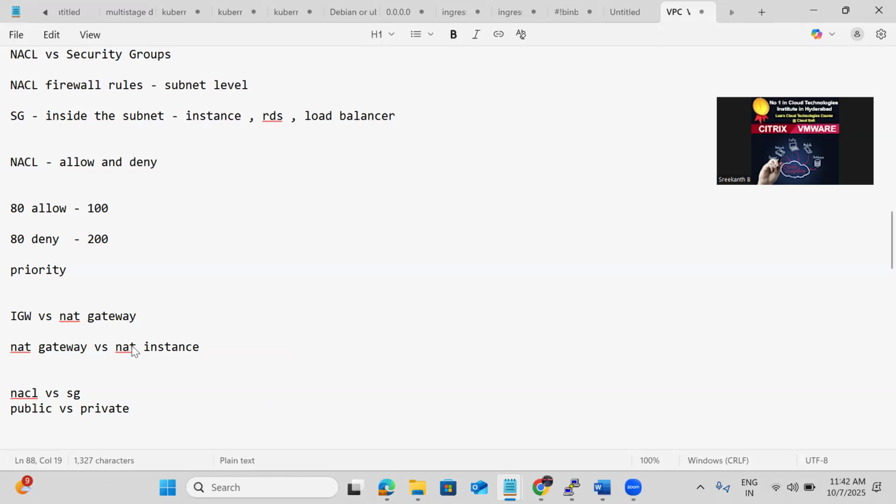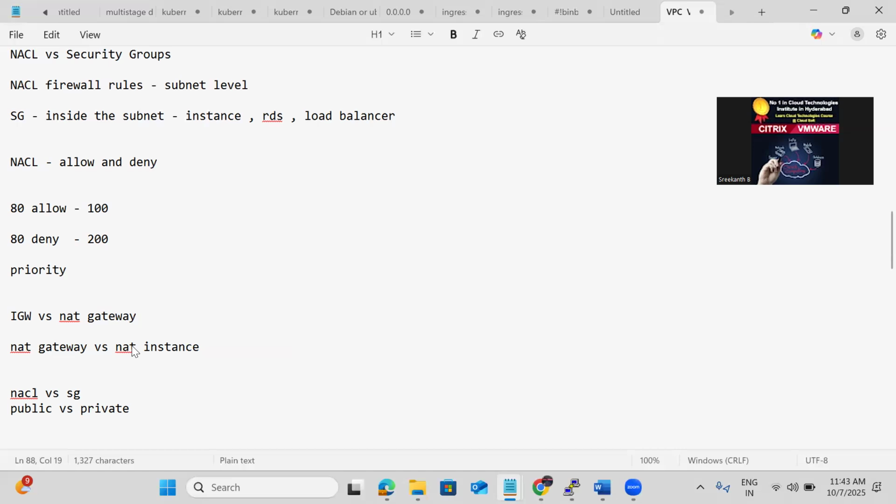It is providing internet, just like when you enable a hotspot on your mobile: if your friend's machine doesn't have internet, you can enable the hotspot, right? Like this, the NAT device needs to reside in the public subnet, and it gives internet to the private subnet resources.